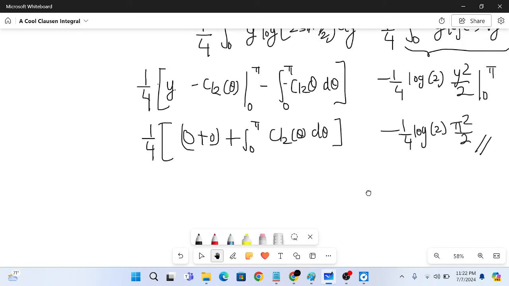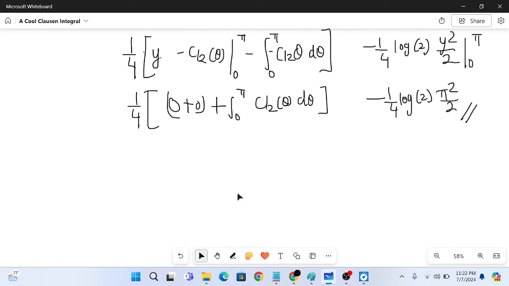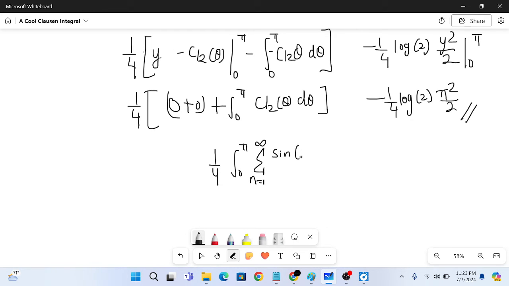Now after this, what I can do is integrate this. We know that CL2 of theta is the sum from n equals 1 to infinity of sine n theta by n square, d theta, and minus this is 1 by 8 log 2 times pi square.